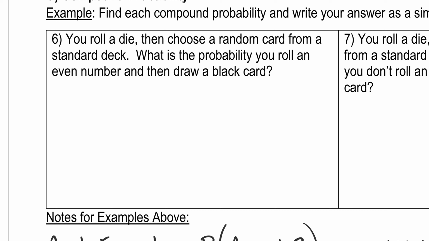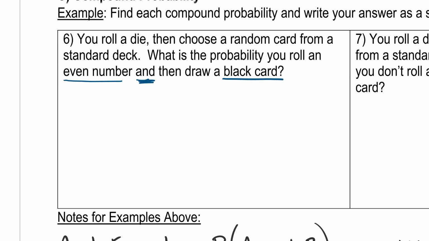So what is the probability you roll an even number? So we have even number, and that's our keyword. Then draw a black card, because in cards you have hearts and diamonds are red, spades and clubs are black. Okay. So the first one, so I roll a die.